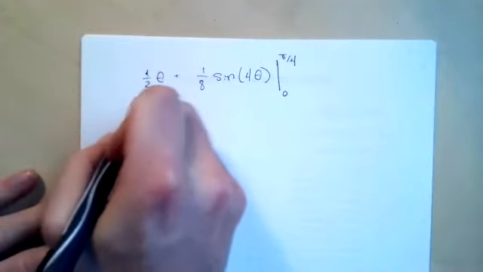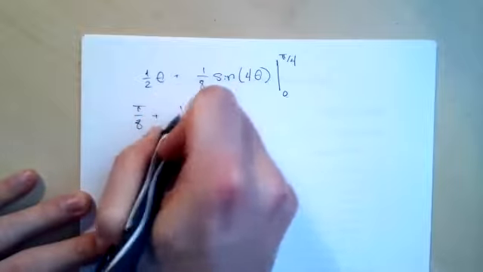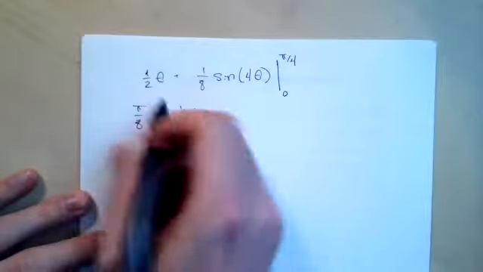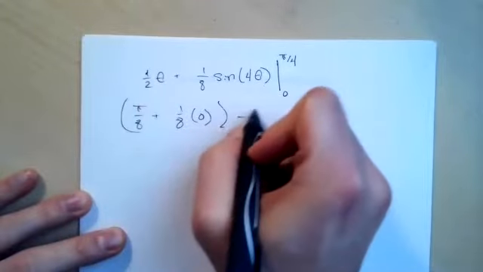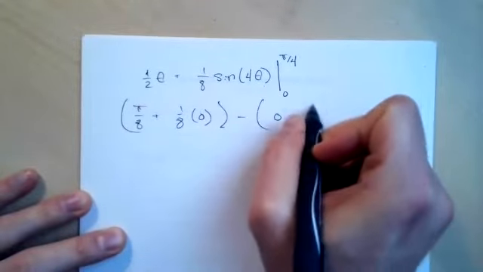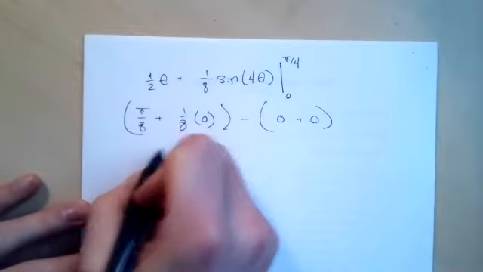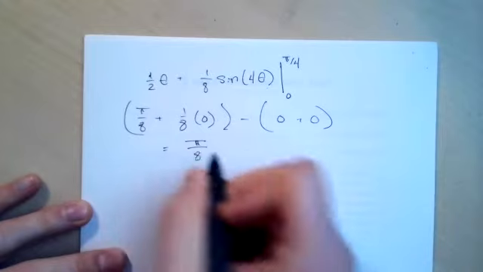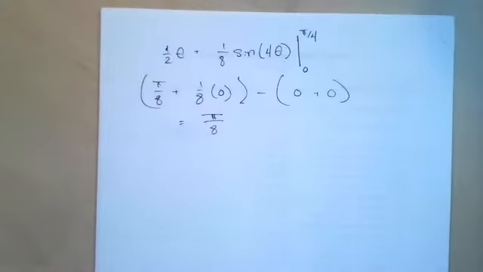So we'll get pi over 8 plus 1/8 times sine of pi, which just gives us 0. And of course, when we evaluate at 0, we get 0. So we just get pi over 8. This is going to be the size of our clover leaves.